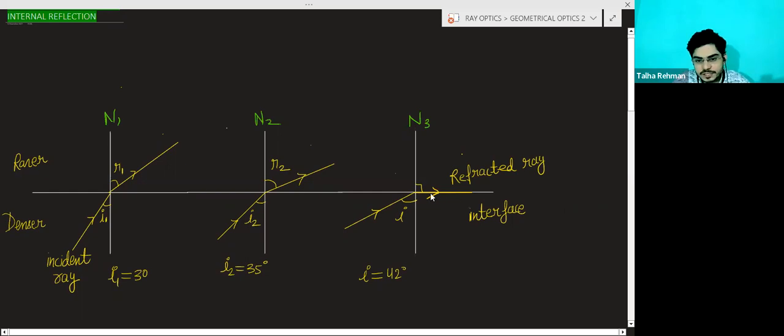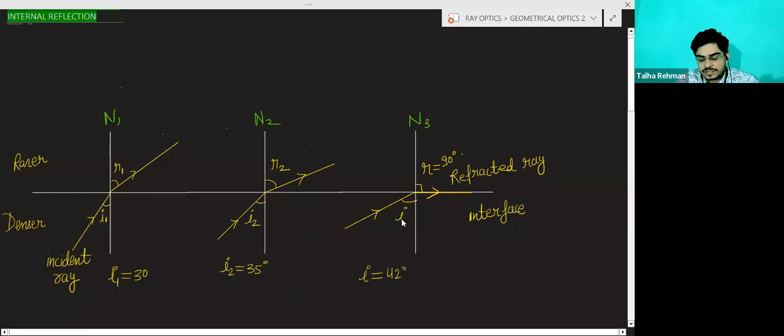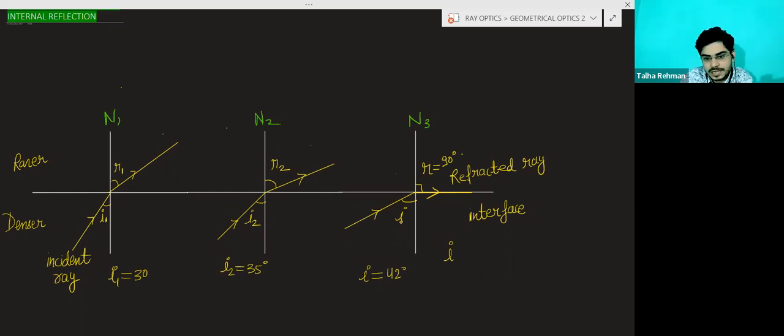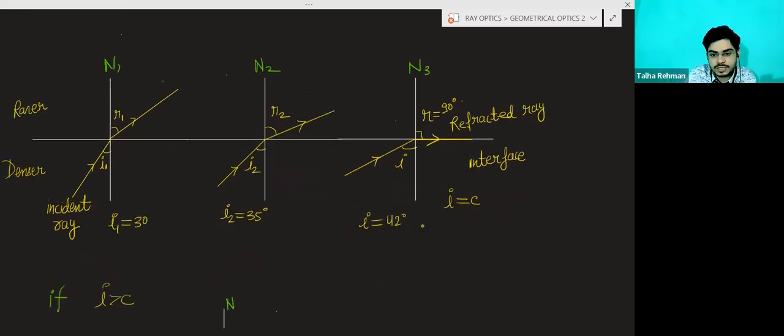Grazing means this ray is moving along the surface. So the angle of refraction here becomes 90 degree, and this angle of incidence is known as the critical angle. I is equal to C, where C is the critical angle.